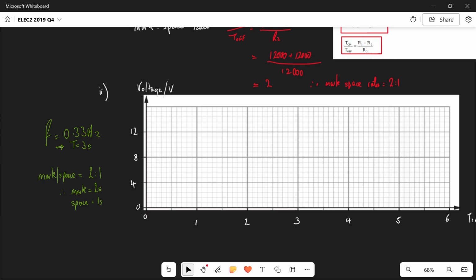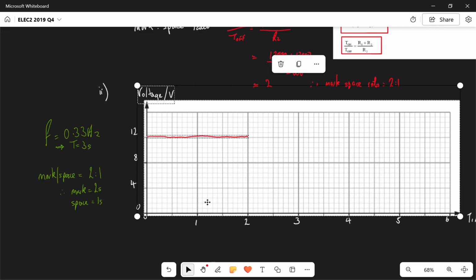And we know that it goes between 12 volts and 0 volts. Now, you might ask the question, do we start at 0 volts for the space, or do we start at 12 volts for the mark? As far as the mark scheme's concerned, they don't care which one you use. You've just got to make sure that it's consistent. So I'm going to start with the 12 volts, so the mark, and this will go for 2 seconds.